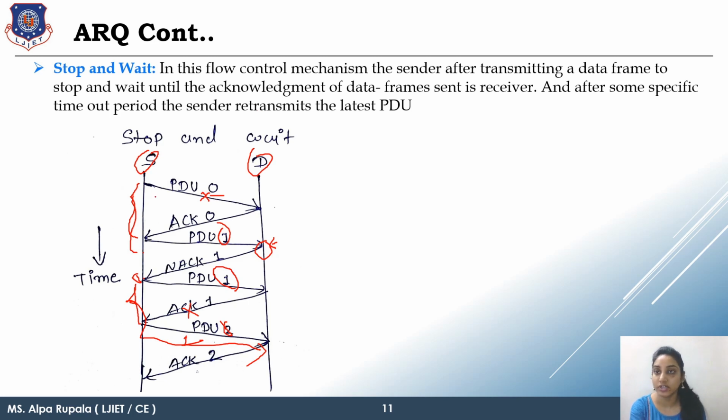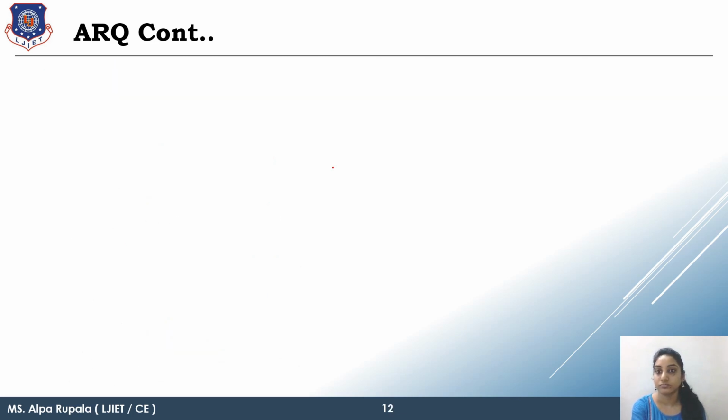What is the disadvantage in stop and wait? The disadvantage is that your sender remains idle for some period of time, even if there is no error or nothing is lost. So your actual bandwidth is not utilized effectively.